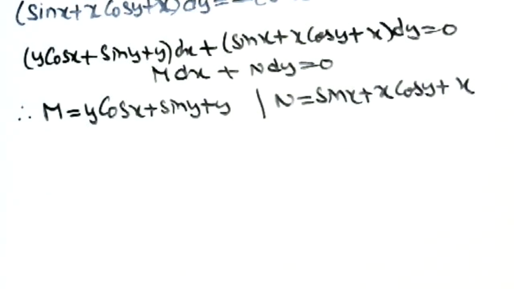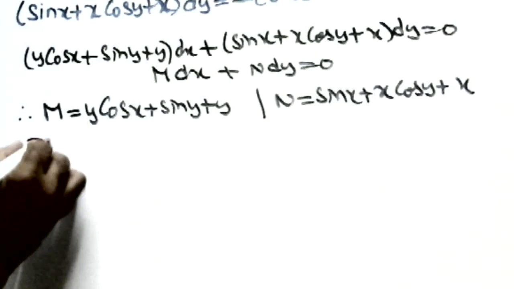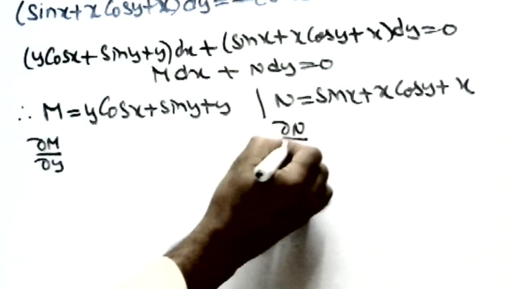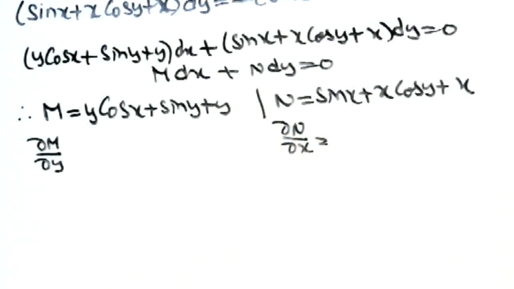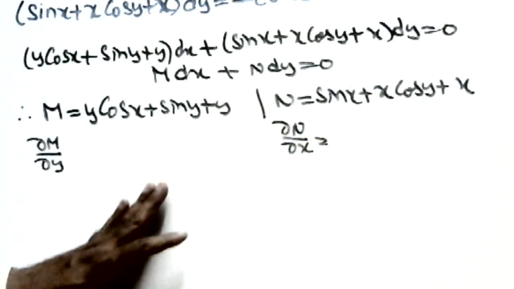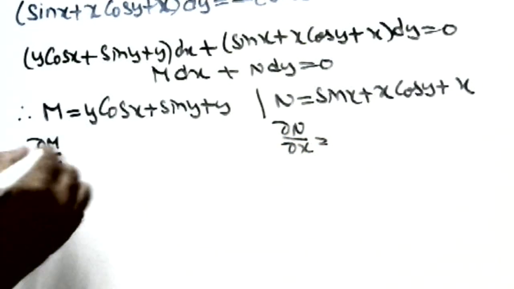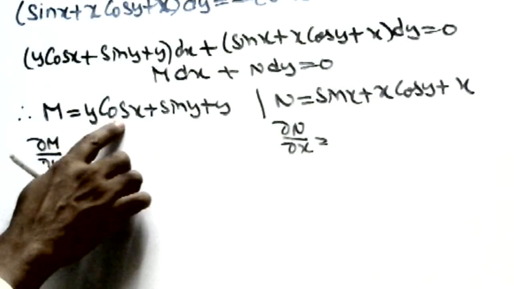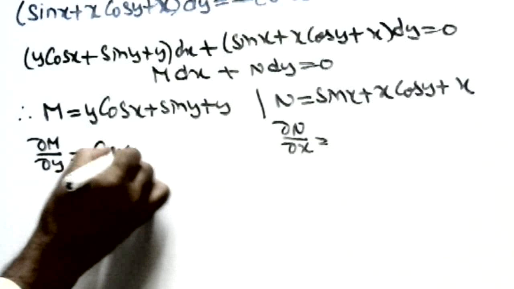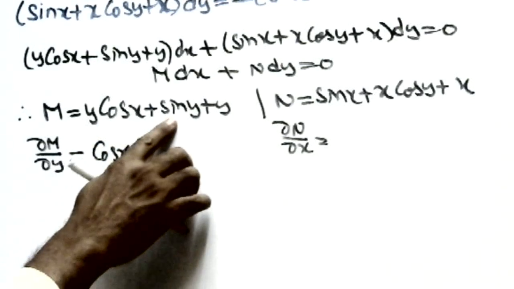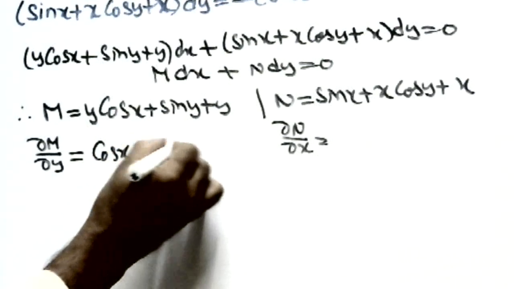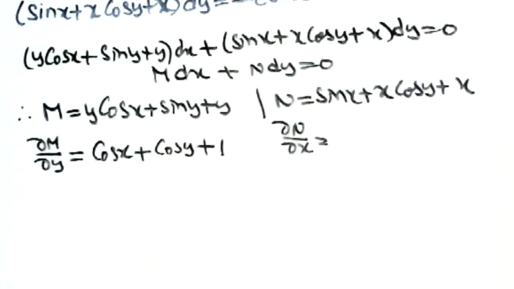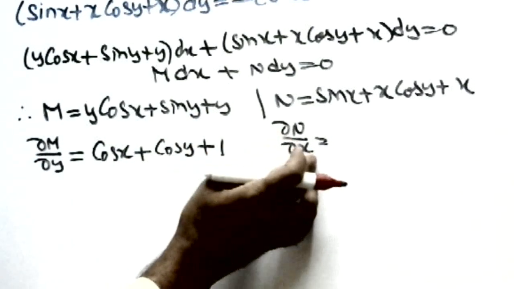Now let me see whether it is exact or not. For that we have to find dou m by dou y and dou n by dou x. If these both are equal, then we say that this is exact. Now with respect to y, the differentiation of y is 1, 1 into cos x will be cos x, plus d by dy of sin y will be cos y, plus d by dy of y is 1.